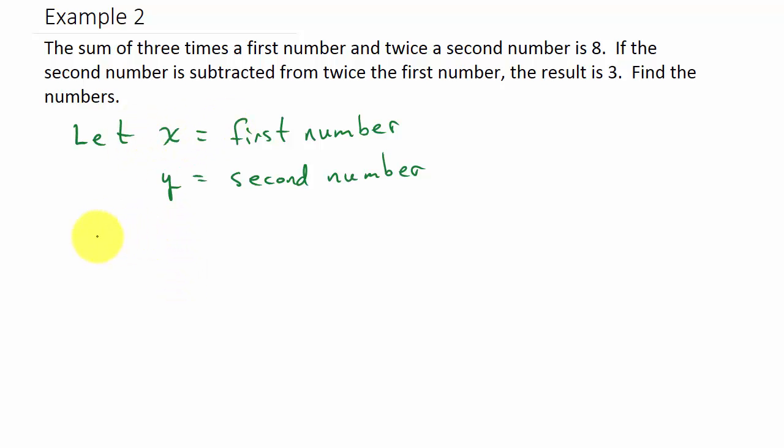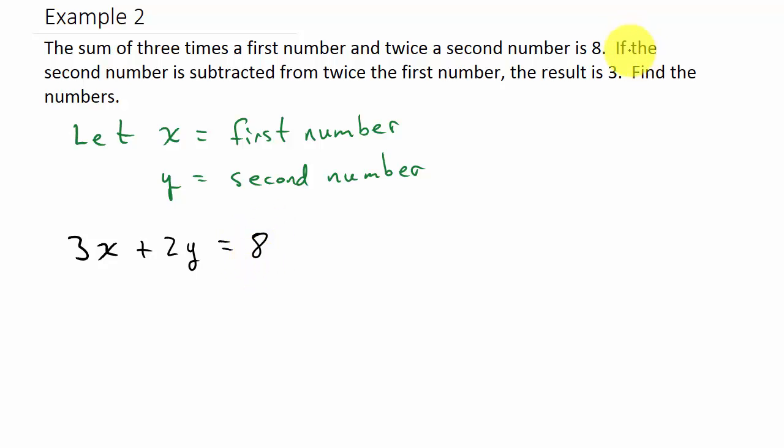And we want the sum of 3 times the first number and twice a second number. Twice the second number would be 2y. And they're telling us that that sum is, there's our equal sign, 8.